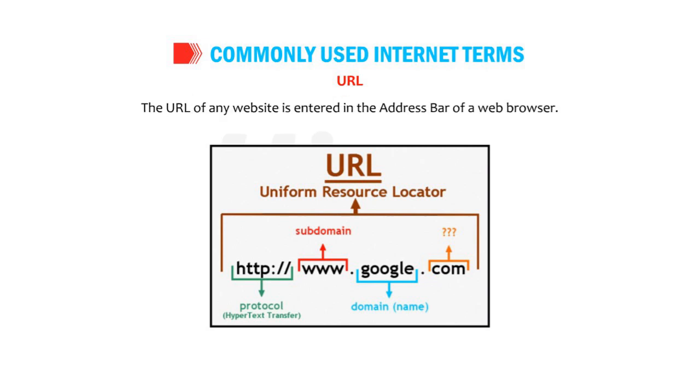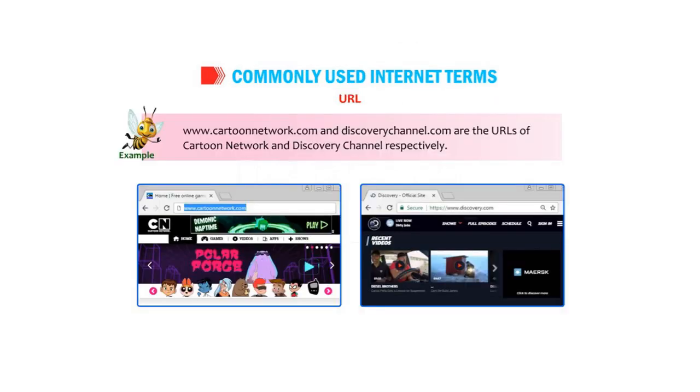The URL of any website is entered in the address bar of a web browser. As we write, www.cartoonnetwork.com and discoverychannel.com are the URLs of the Cartoon Network and Discovery Channel respectively.